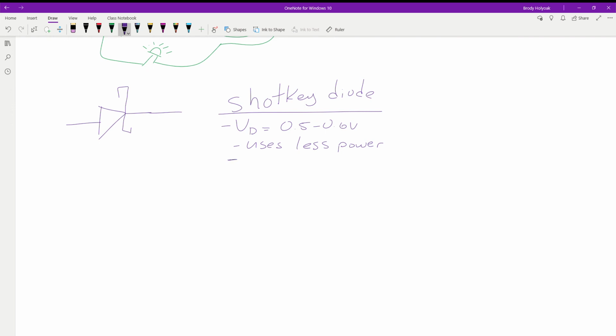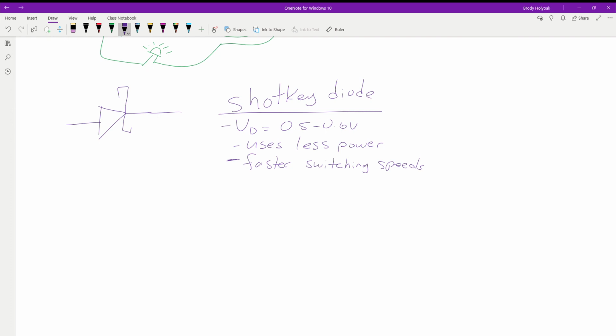The biggest one is that it has a faster switching speed. That's one of the biggest advantages of the Schottky diode, the time it takes from a diode when you put a positive to negative current on, or make it forward bias, to switch it to a reverse bias and back.